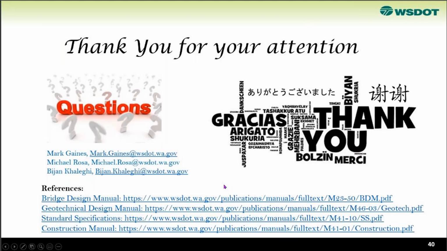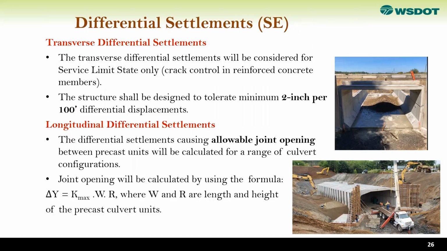And Michael, how do you address settlement between precast segments, for example, with use of a bell joint? Yeah, definitely. That was covered on slide 26. We do have the settlement consideration on the longitudinal direction.